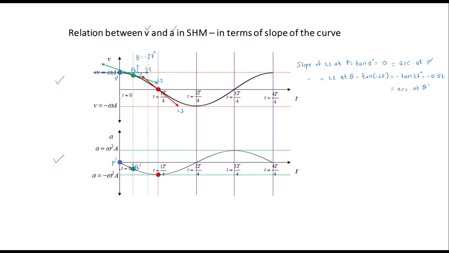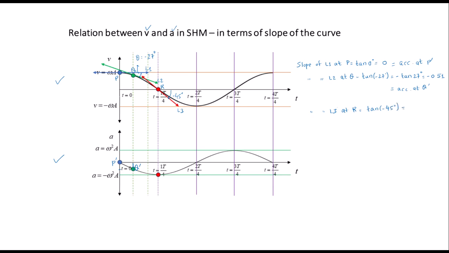Extending the same logic, now I talk about the line L3, and let's see what angle this L3 makes at the point, maybe I take it as R. I see that this angle is roughly minus 45 degrees. Applying the same logic, the slope of the line L3 at the point R should be equal to tan of the angle it makes with the positive direction of the x-axis, which in this case is minus 45 degrees.